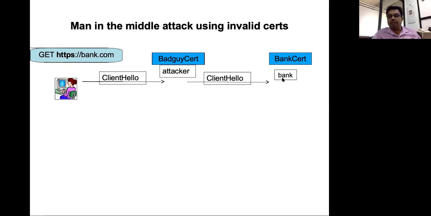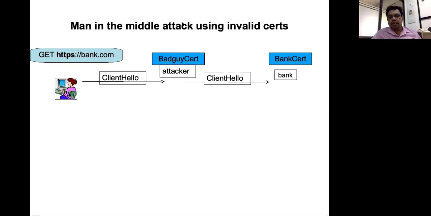The bank web server may not be able to identify whether this hello comes from an attacker or a browser, because usually these SSL web servers are not authenticating clients.